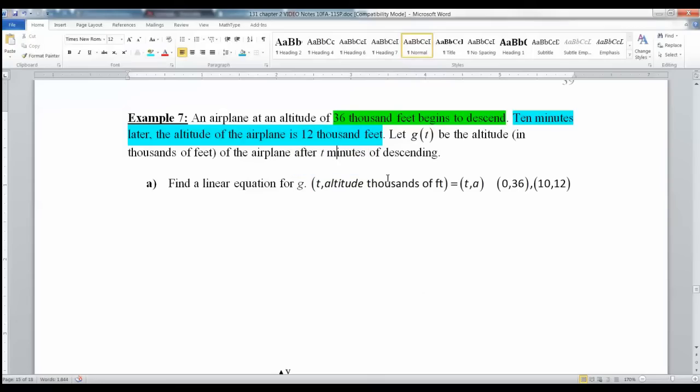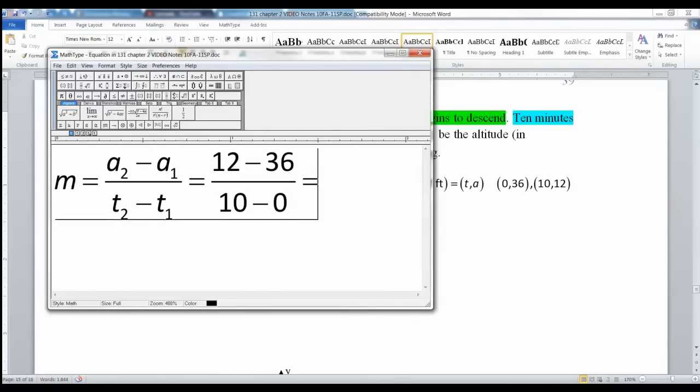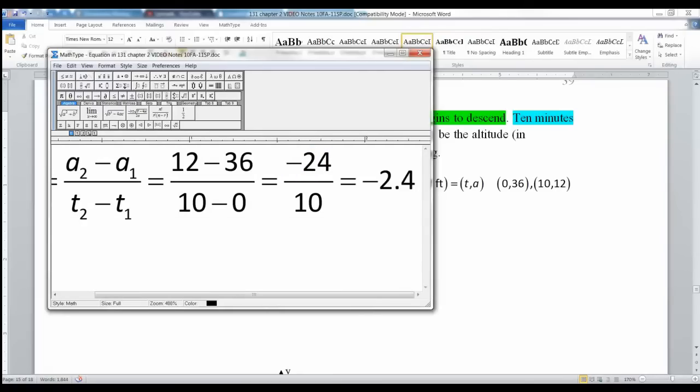They didn't really specify what the y variable was, so you could use y, but I figured a for altitude makes sense. All right, so it's 12 take away 36 over 10 take away 0, which is negative 24 over 10, which is negative 2.4. Okay, so there's my slope.